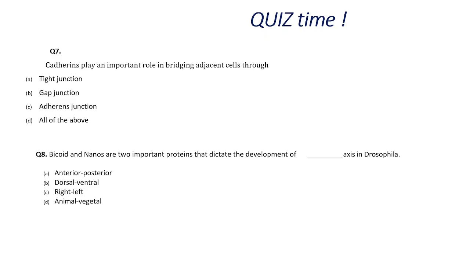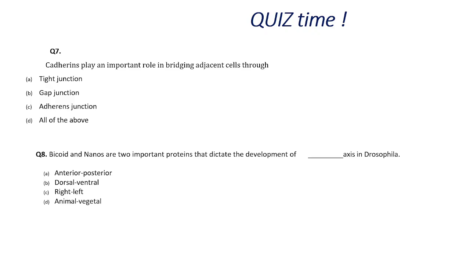So, question 7. So the correct option is adherens junction. So cadherins are a type of cell adhesion molecule that plays a critical role in cell-to-cell adhesion.